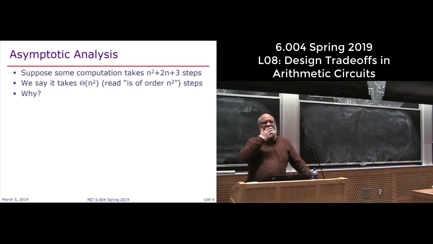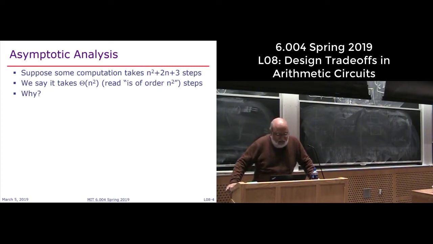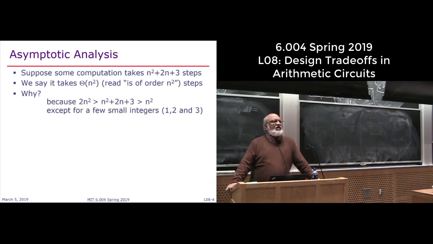Now exactly what is this order of notation which we use quite heavily, and why do we use it? So suppose you did some exact calculation of how much the delay is, and the delay turned out to be n squared plus 2n plus 3. It could be just the number of steps in your computation, all right? So whatever you are counting, suppose that number is n squared plus 3n plus 3. So I can think of it in shorthand, because if you look at this number, it's always between 3n squared and n squared, whatever this polynomial evaluates to, except for a few small integers in the beginning, right?